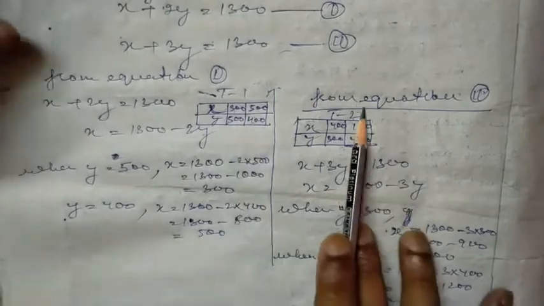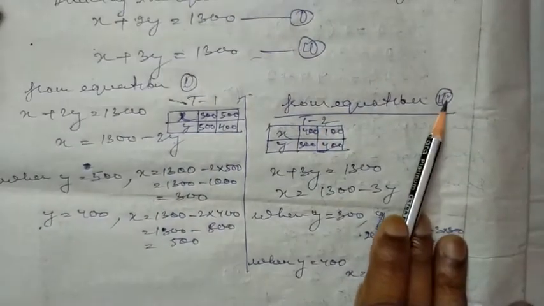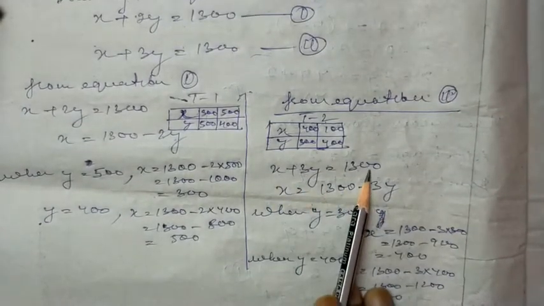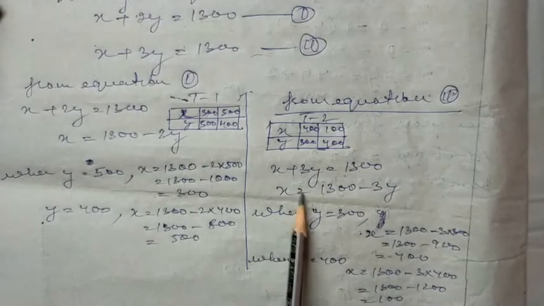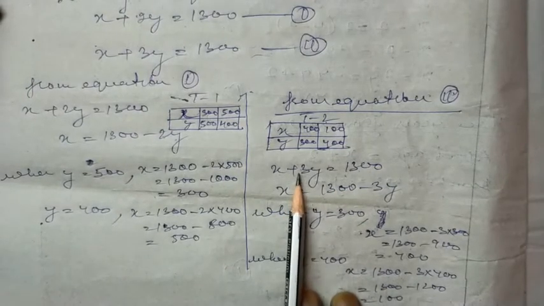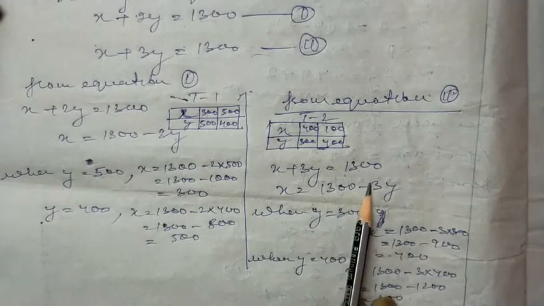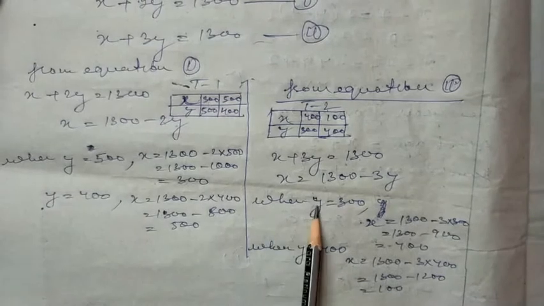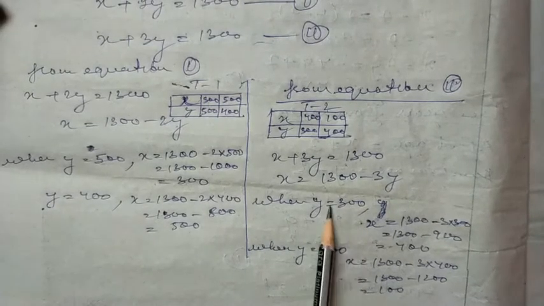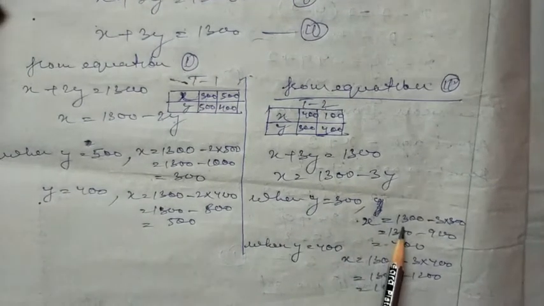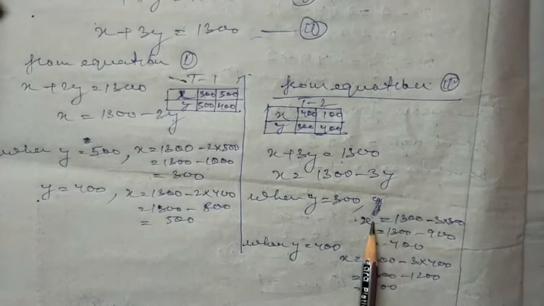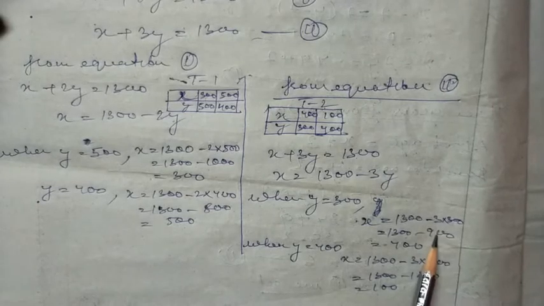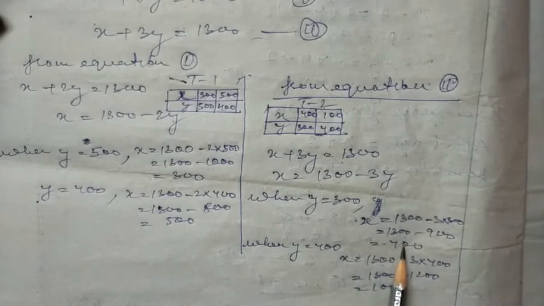Then from equation 2, x plus 3y is equal to 1,300. Then x is equal to, we have sent 3y to the right hand side, so 1,300 minus 3y. When y is 300, x is equal to 1,300 minus 3 into 300, which is 900. 1,300 minus 900 is 400.